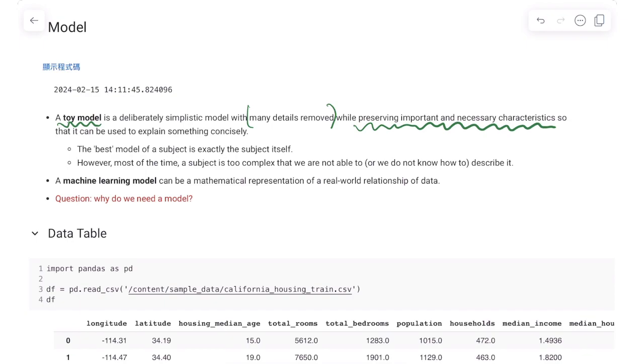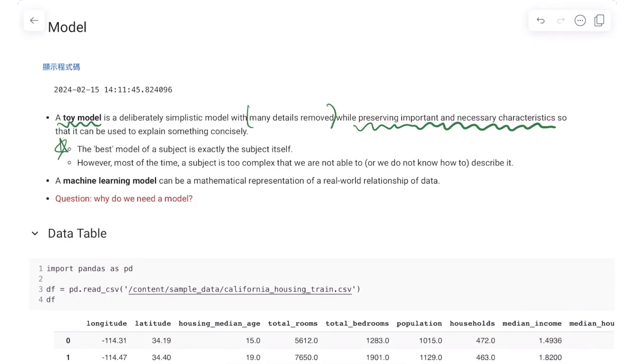So think about the toy model when we explain the models we use in artificial intelligence. And usually, the best model of a subject is exactly the subject itself. For example, if you want to model a car, the best model of this car is the car itself, not a smaller one or a plastic toy, right?